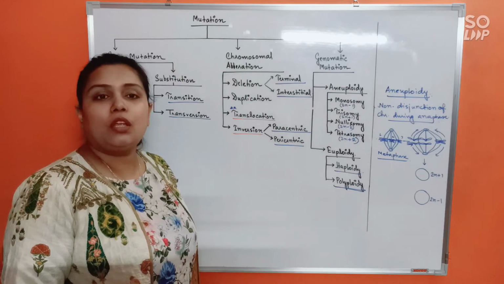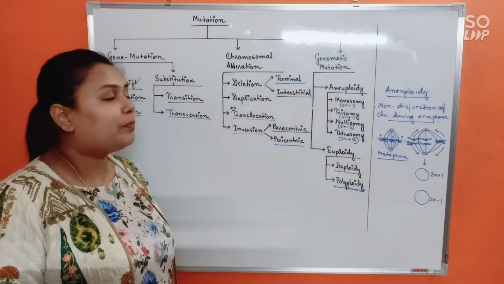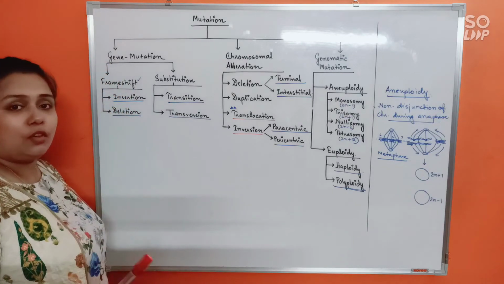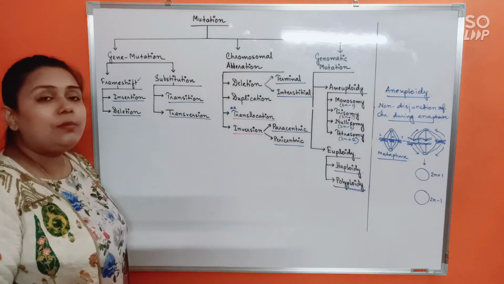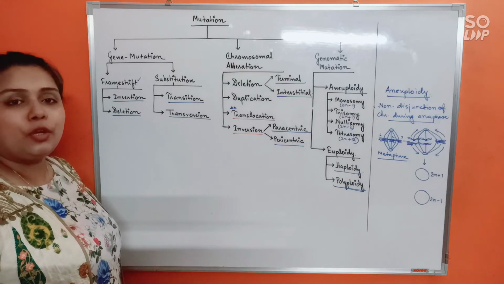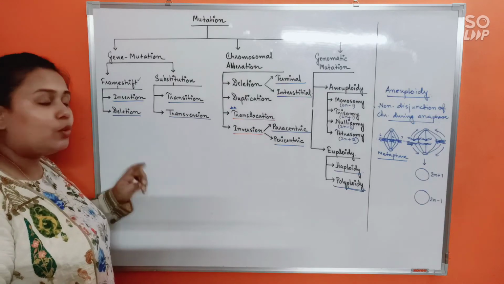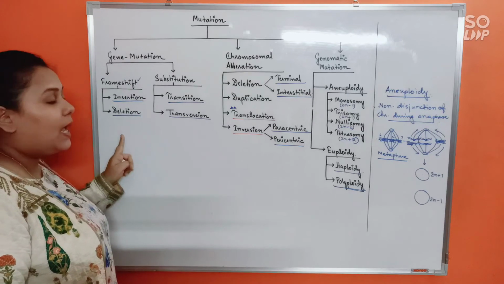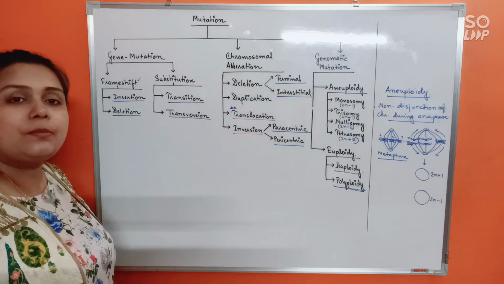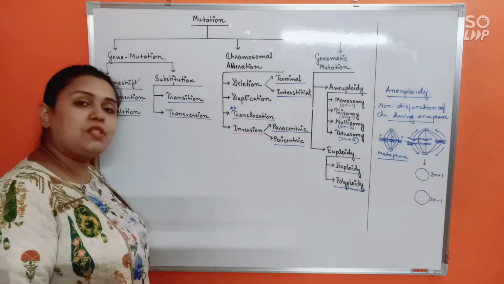And genomic mutation, where change occurs in the number of chromosomes or sets of chromosomes. Gene mutation can be of 2 types. If a single nucleotide or nitrogenous base is added or deleted, we call it frameshift mutation. And if a single nitrogenous base is exchanged with another, we call it substitution.